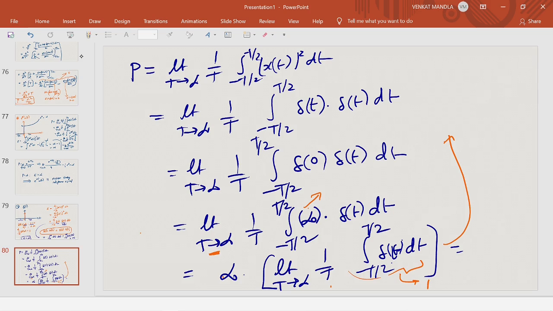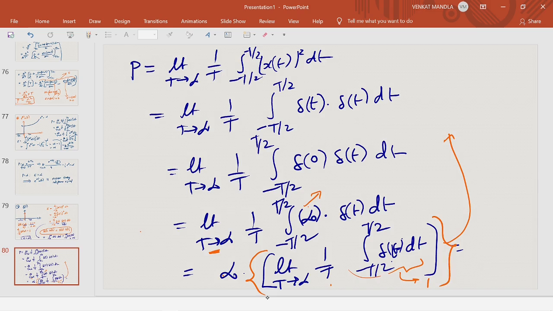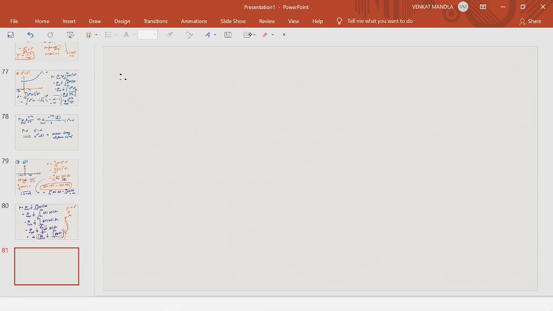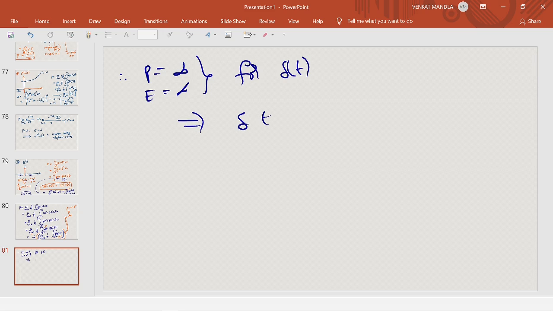Here itself, infinity into anything, whatever this value is, is infinity. So power equals infinity. So both energy and power are infinity for del of t. Therefore, del of t is neither energy nor power.